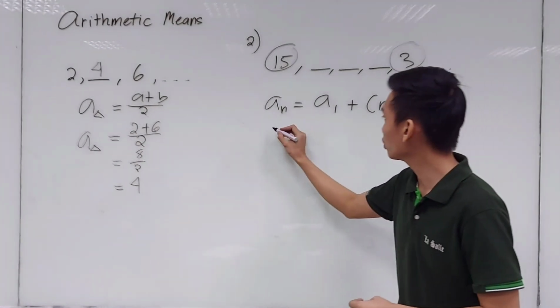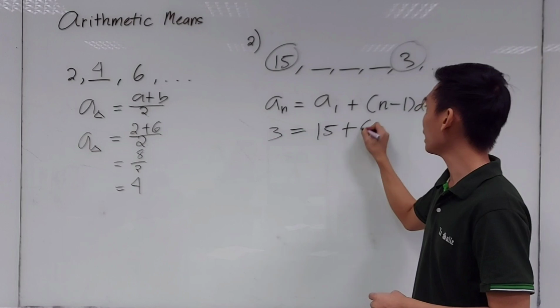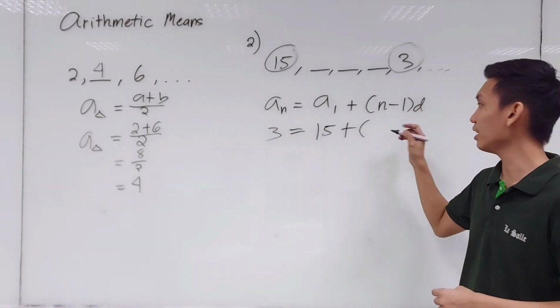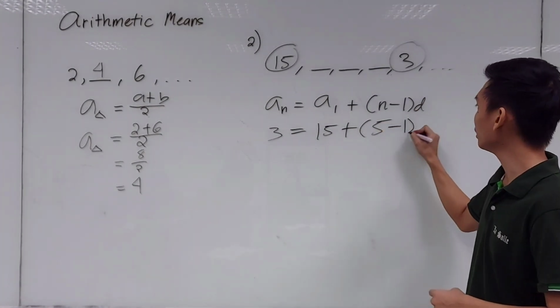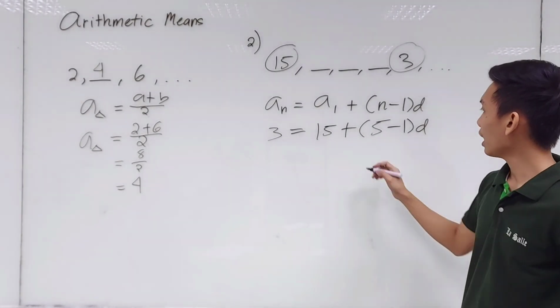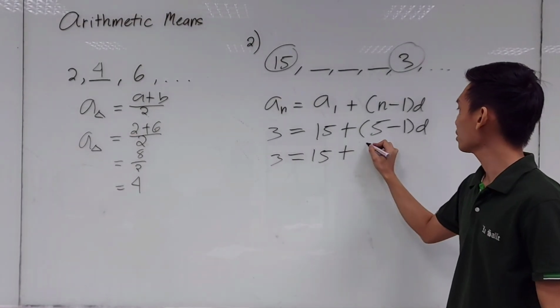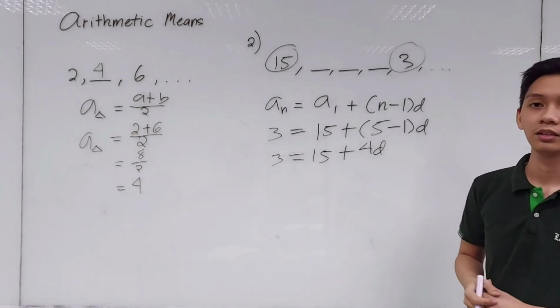Now we do substitution. 3 is equal to 15 plus n, which is 5 minus 1 times d. We simplify this equation. We have 3 equals 15 plus 4d.